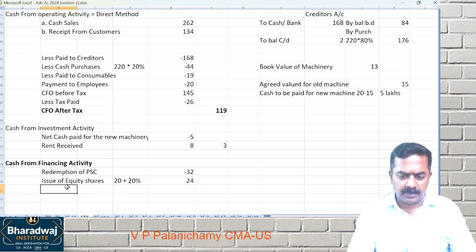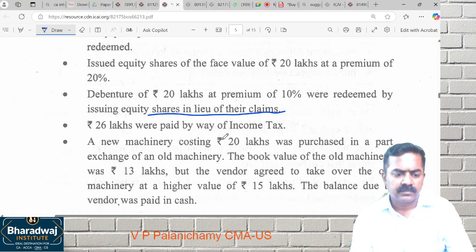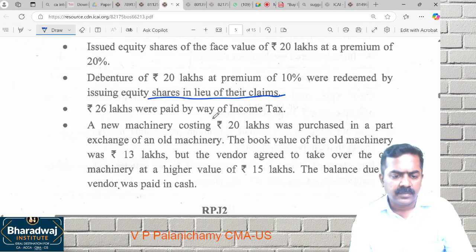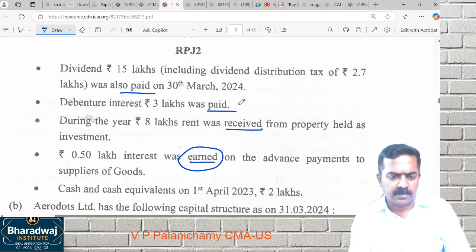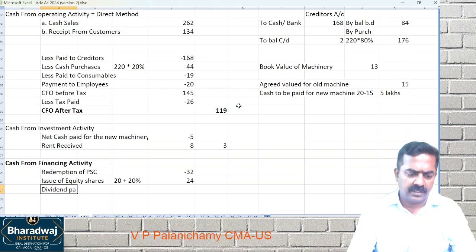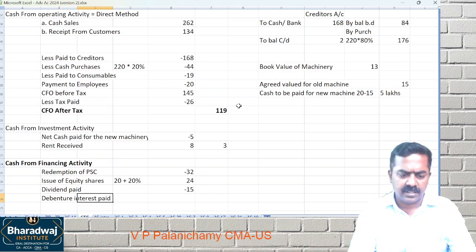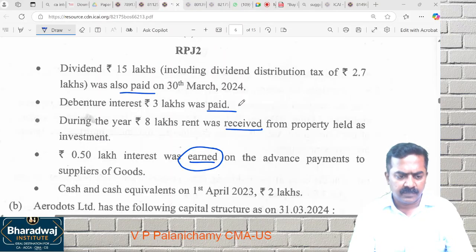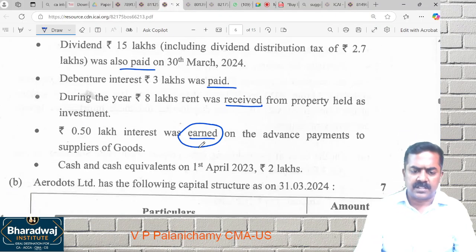Debenture interest, how much do we have to pay? Income tax is already put. Debenture interest paid. Dividend paid, how much? 15 lakhs. Then debenture interest paid. What is the debenture interest paid? 3 lakhs. Then this was just earned, not received.